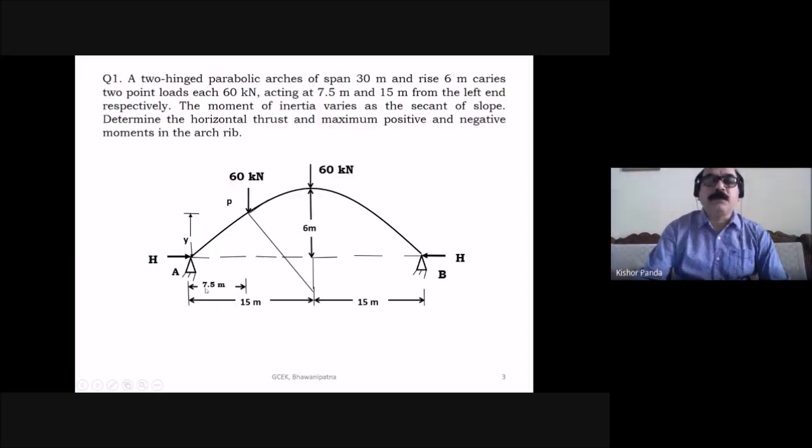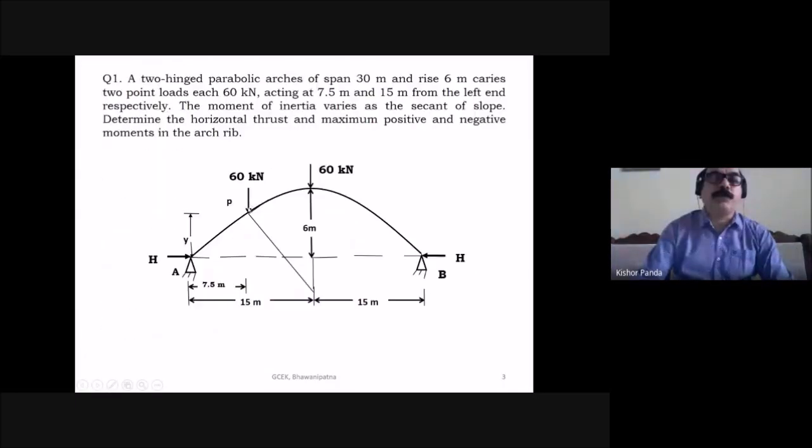Again at 15 meter, another load of 60 kilonewton. Determine the horizontal thrust and the maximum positive and negative moment in the arch rib. You have to find out where you will get the maximum positive moment and where you will get the maximum negative bending moment.